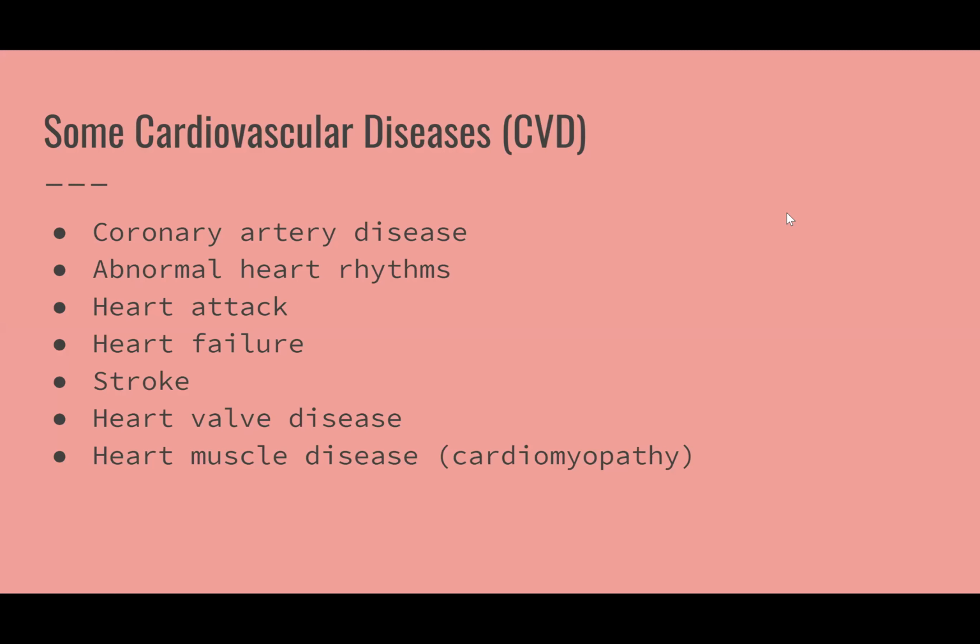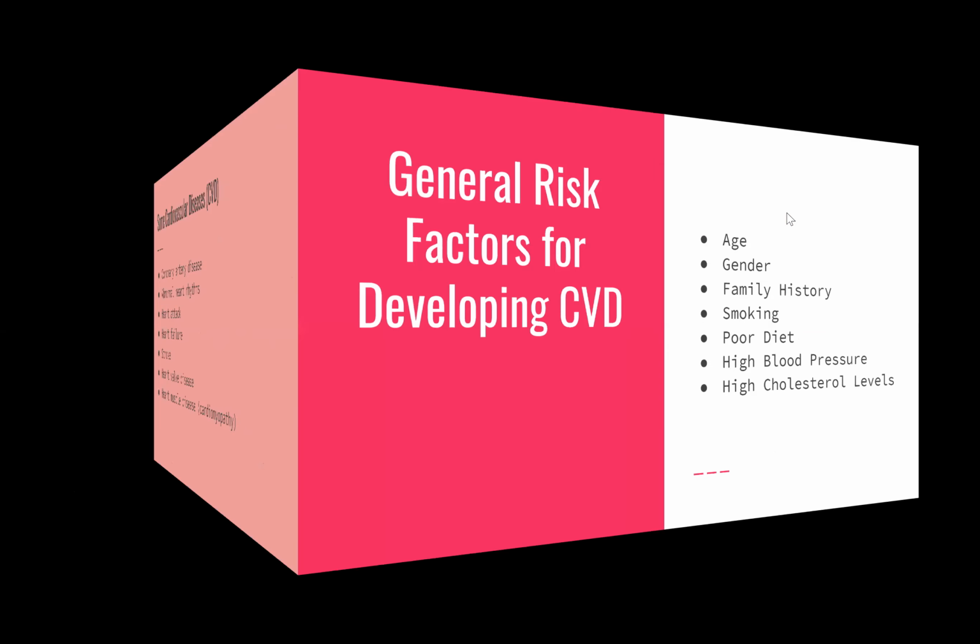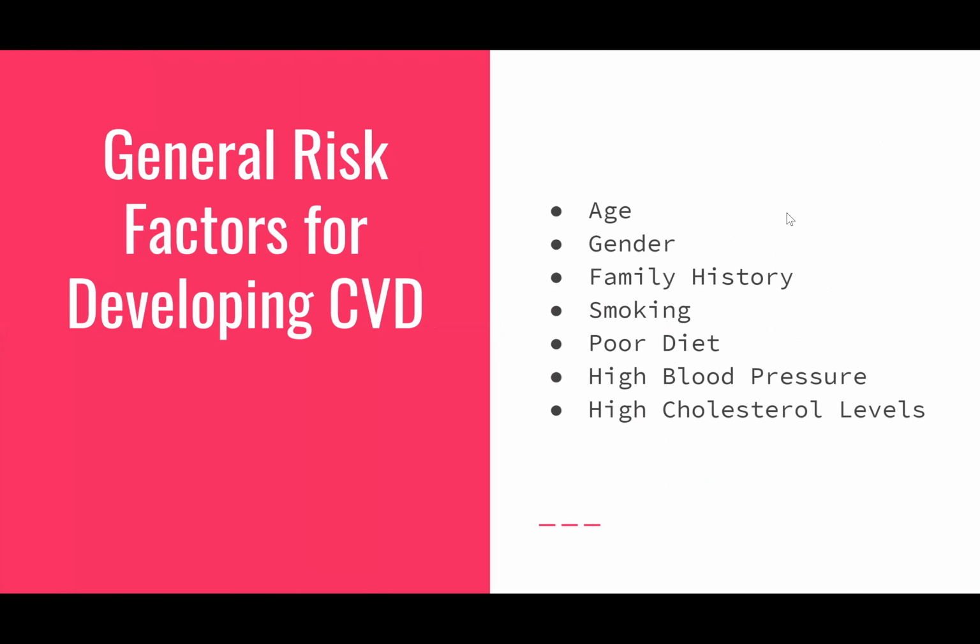Some cardiovascular diseases that we're going to talk about today are coronary artery disease, abnormal heart rhythms, heart attacks, heart failure, strokes, heart valve disease, and heart muscle disease, which is also known as cardiomyopathy. Some general risk factors for developing CVD are age, gender, family history, smoking, poor diet, high blood pressure, and high cholesterol levels.